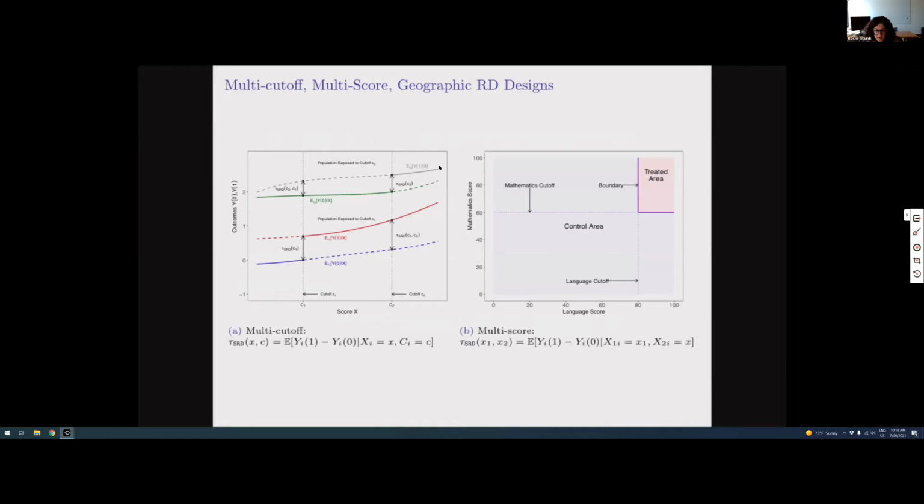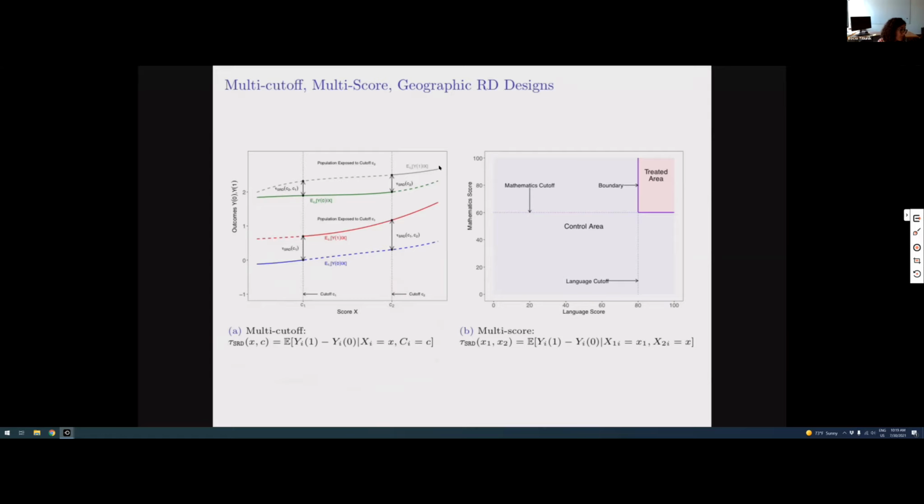All right. So another type of RD design that is very common and that you might encounter in practice is an RD design where we have either a score or a cutoff that is not one-dimensional but is multi-dimensional. So here on the left, I have what we call the multi-cutoff RD design. So we might have a regression discontinuity rule that uses some cutoff for some population, and then for some other population uses some other cutoff.